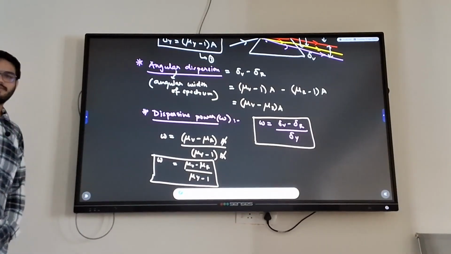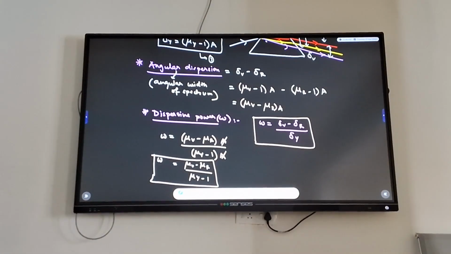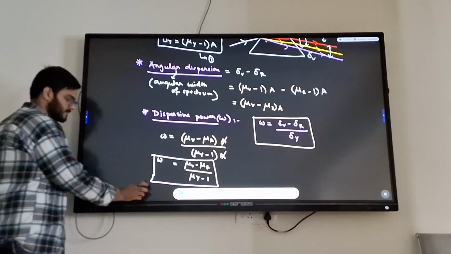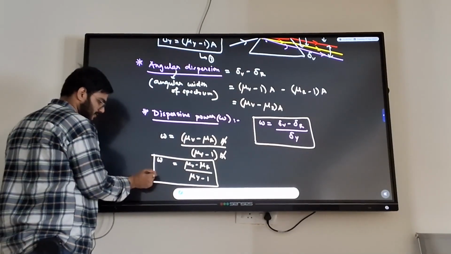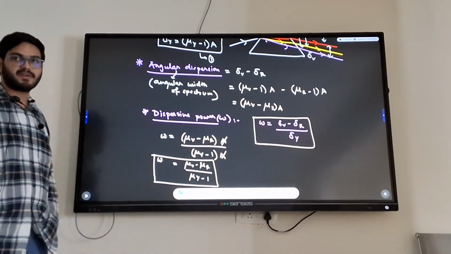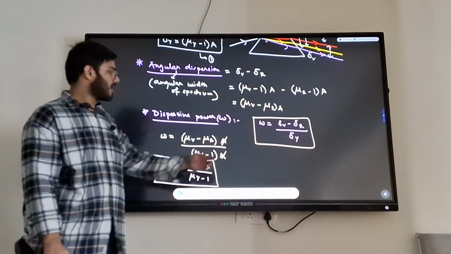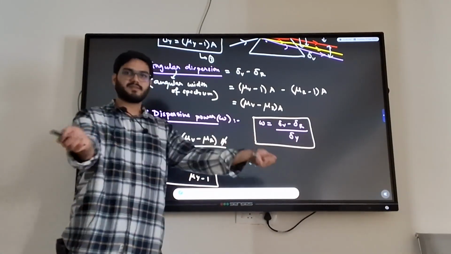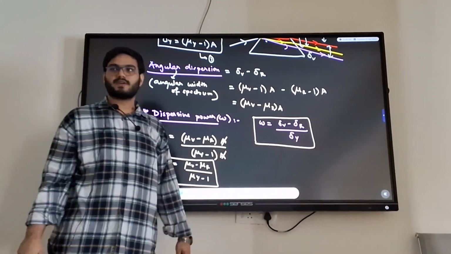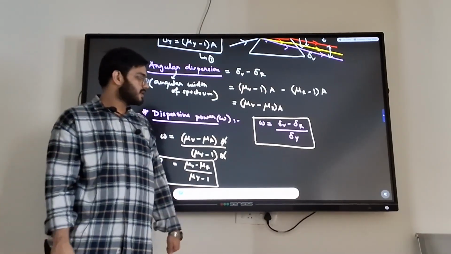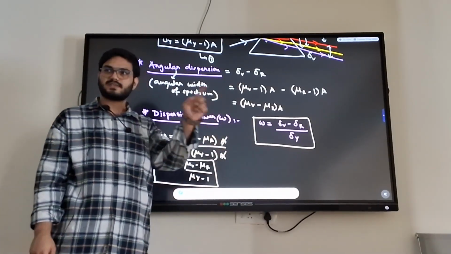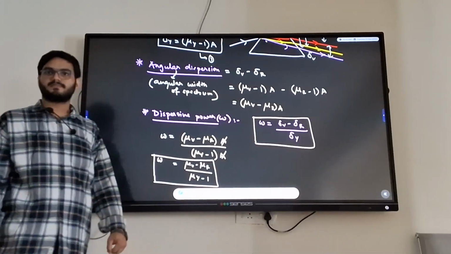Some definitions that will be useful to us later. Do you understand why omega is defined the way it is? It's how much angular width you can get for a given prism, divided by the average deviation.